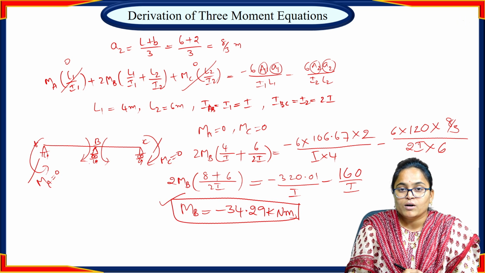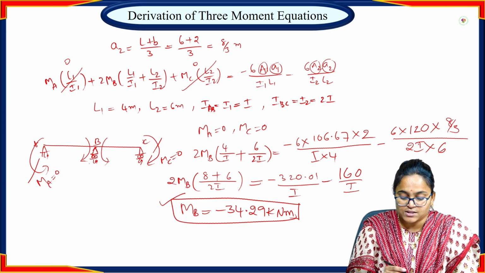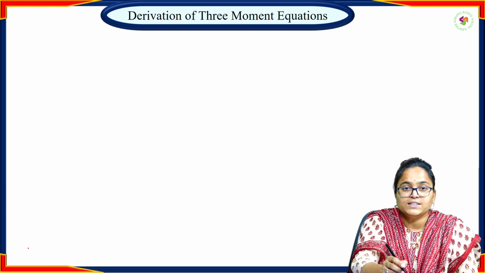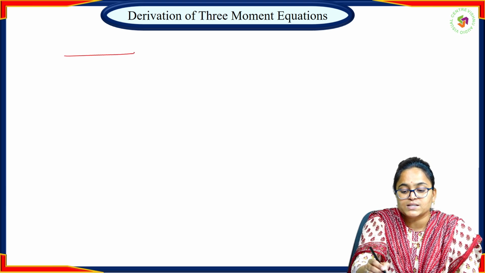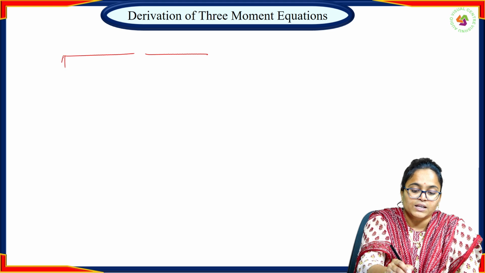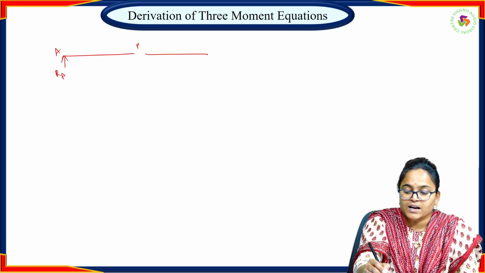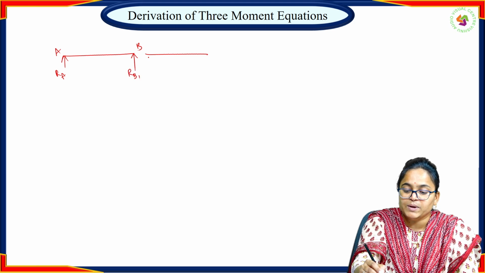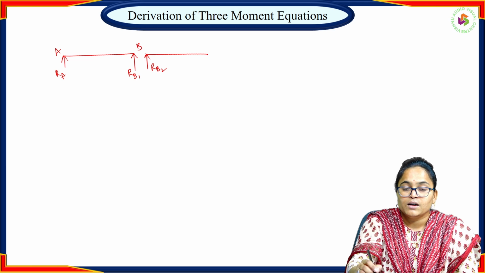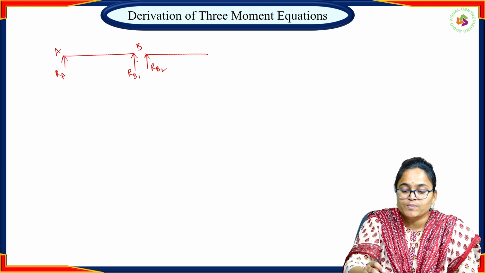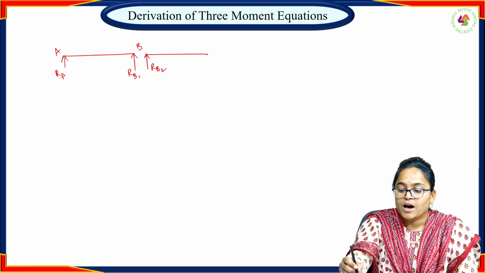So now we want support reactions. So to find the support reactions, we have to consider support moments also. So here at support A, we'll get a reaction RA, and at support B, for BA span, we'll get one reaction at B, and for BC span also, we'll get another reaction at B. So let us assume for AB span it has RB1, for BC span it has RB2.